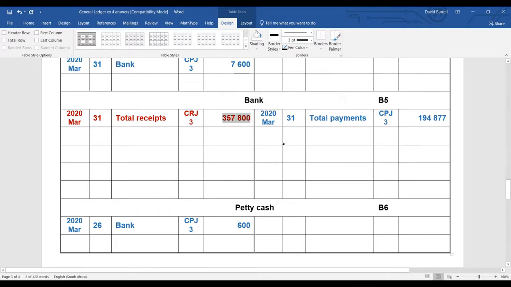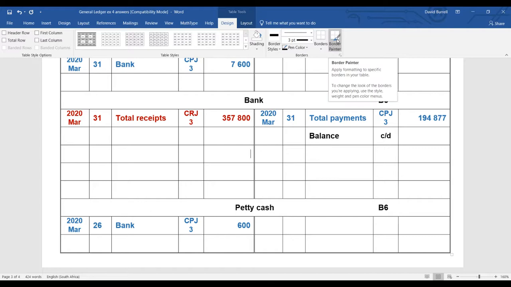Debits amount there is 357,800. Credit is 194,877. Debit is definitely the bigger one. So that means we're going to have to add something on our credit side. So that's where the balance carried down is going to go. And then the two totals are going to have to be exactly the same. So what I need to do is go and total up my two sides.